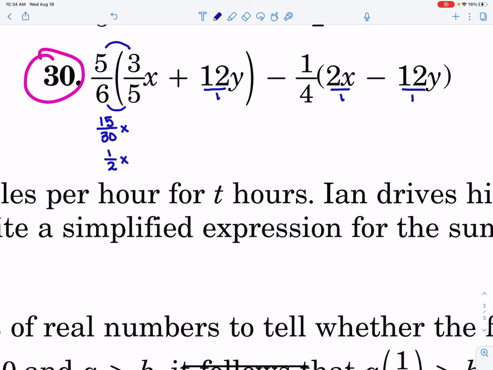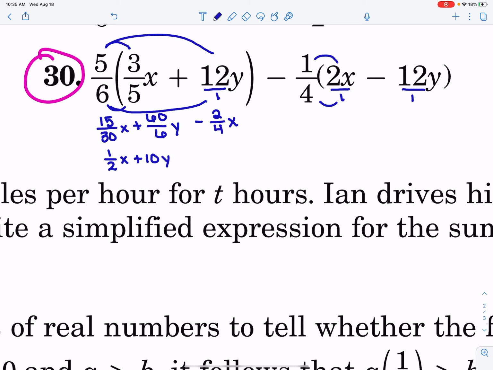Okay? So then we have plus 5 times 12 is 60. 6 times 1 is 6. That has a y after it. So that's plus 10y. Now on the second one, negative 1 times 2 is negative 2 over 4 times 1 is 4.